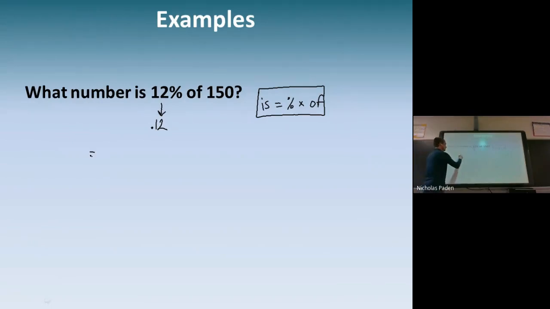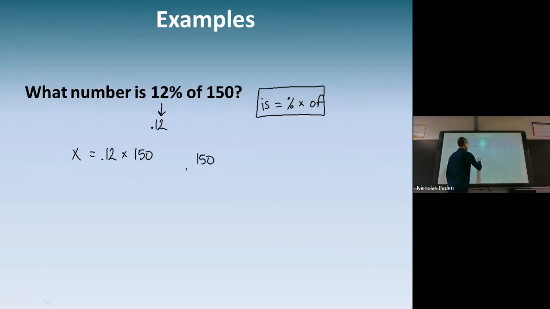And so we're going to have equals 0.12, and then of 150, well, 150 is going to go in the place of of. So 0.12 times 150 equals X. And so all we have to do is 150 times 0.12, and that's going to give us what X is, what the part is.